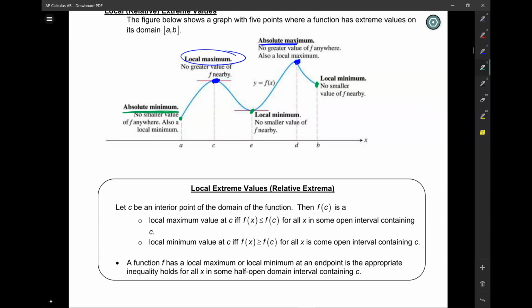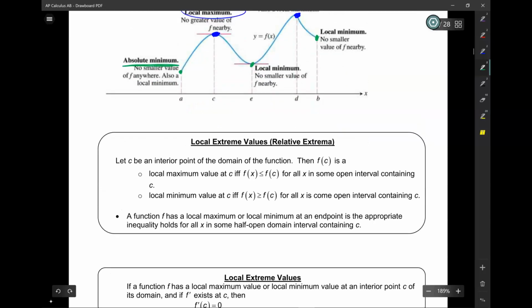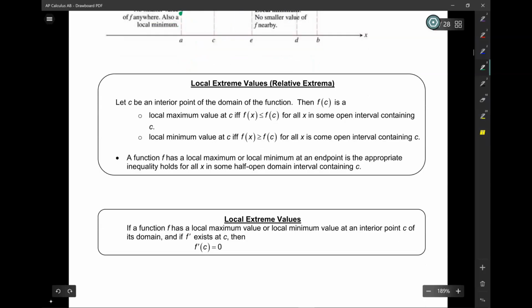Now look at this one that I called absolute minimum. That's an endpoint. The reason why it could qualify as an absolute minimum is because it's a closed interval AB. Okay? All right. Correct. It wouldn't be anything.